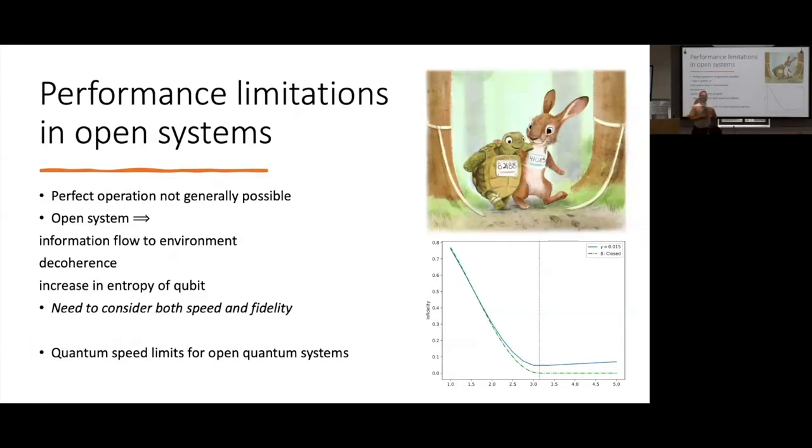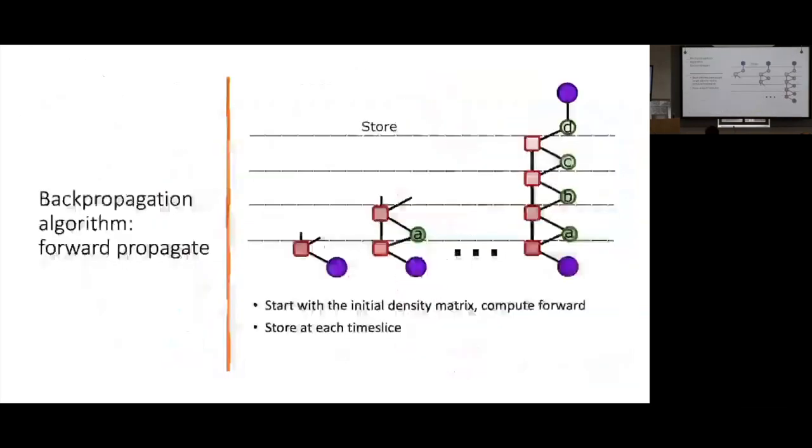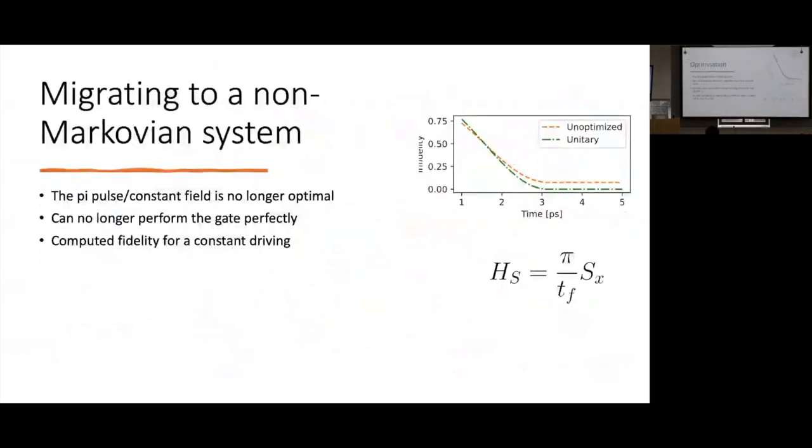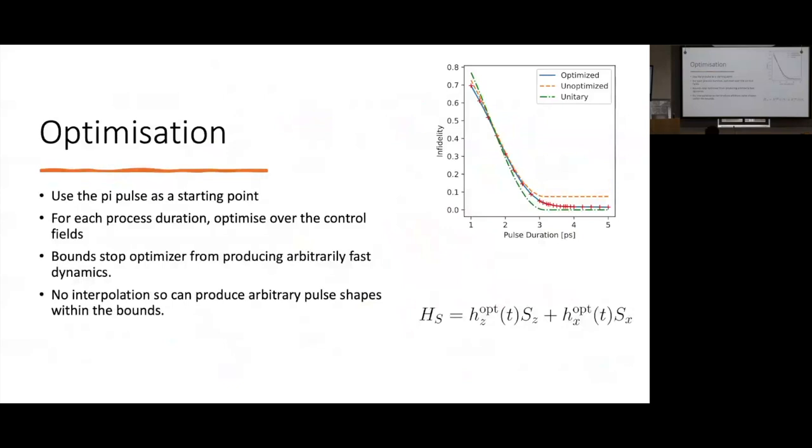So that would be the tortoise, in fact, winning, as he does in the story. And what I want to show you is an explicit protocol we discovered using numerical optimal control that does this and shows you that actually the curve for a non-Markovian system can look not like this, but, I should have put it at the beginning, like this, right? Here's the result. It gets better the slower you go.